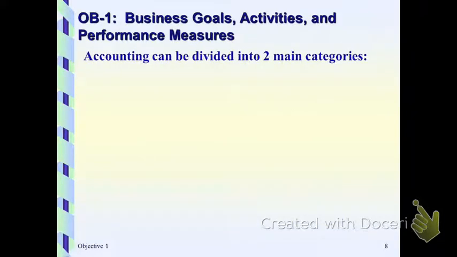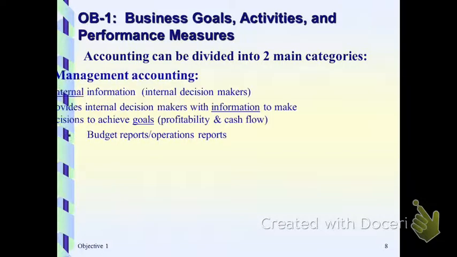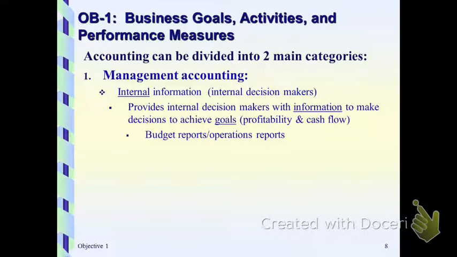Accounting's role in assisting decision makers by measuring, processing, and communicating information is usually divided into two categories. The first is what we call management accounting. Management accounting is the internal information that internal business decision makers utilize.